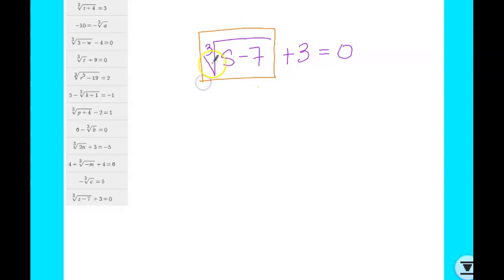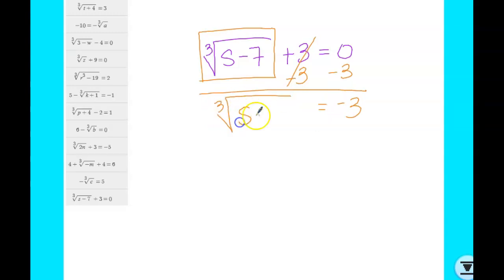And the last one is the cube root of s minus 7 plus 3 is equal to 0. First step, get this alone on this side, so subtract 3. This adds to 0, we get negative 3.